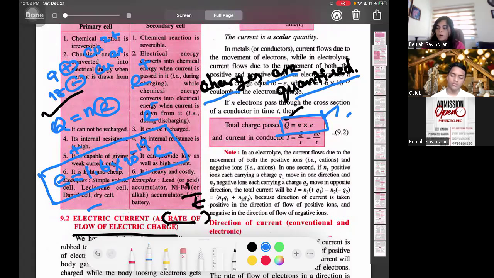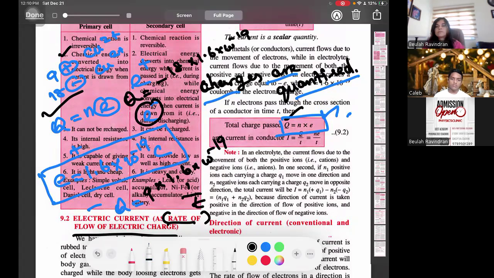So if you want to find the quantization of those particular charges, Q is equal to, what is the amount of charge I said? 9 for positive charge: 9 into 1.6 times 10 power minus 19. For negative charge, Q is equal to negative 18 times 1.6 times 10 power minus 19.